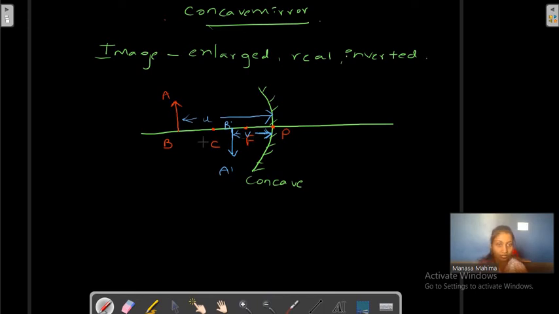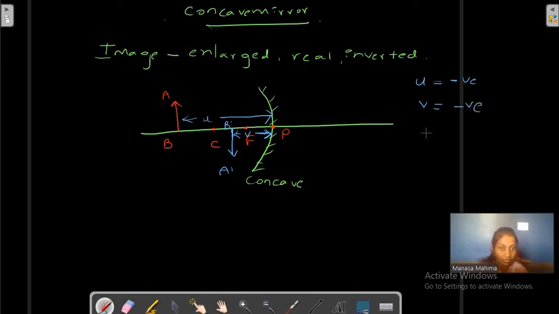What will be the sign for U? It will be negative, right? Object distance, since it is towards the left side, we have to consider as negative. What about the image distance? It is also negative for a concave mirror.